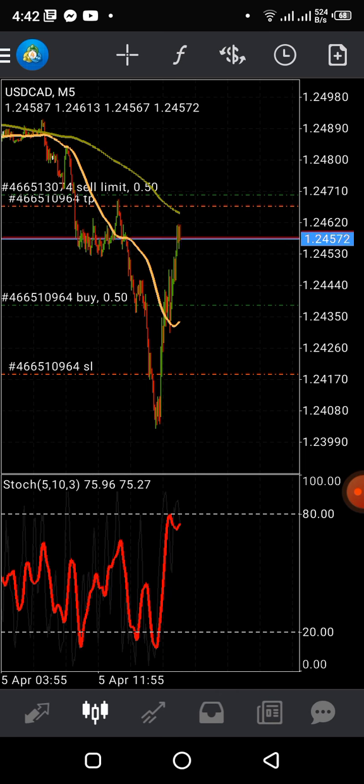Okay, so we're having USD CAD right now, and for me to believe that this trade is still going to continue in selling after this retracement has been done, USD CAD must remain a weak currency and CAD must remain a strong currency. That simply means that the base currency has to be weak and the quote currency has to be strong for me to have another confirmation to continue selling this USD CAD.